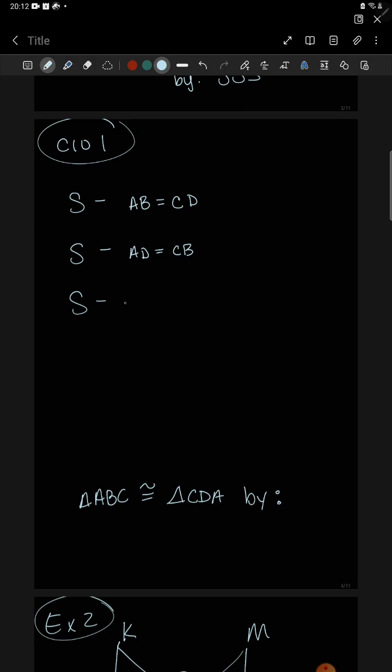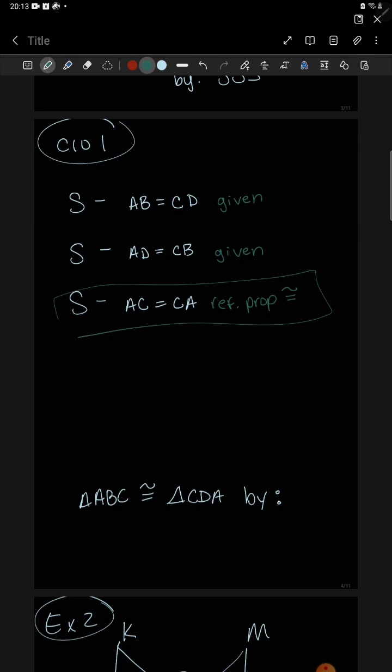And our third side, I'll write this in a different color. First was given, second was given, and the third one is by the reflexive property of congruence. If you got that on your own, great.